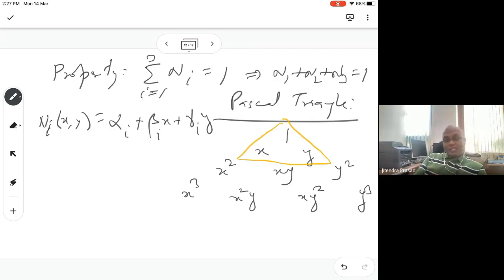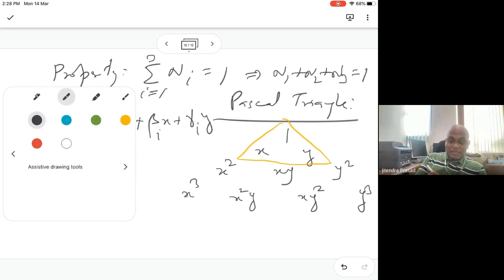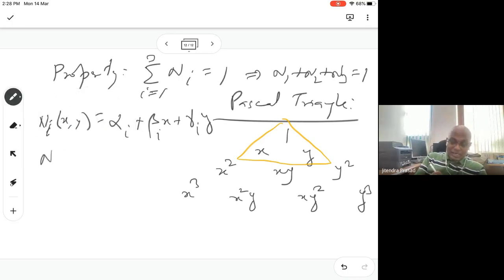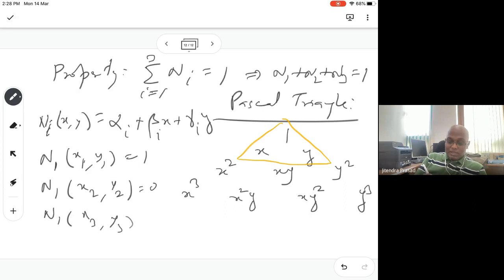We can choose like this one, and then we solve with these conditions: N1(x1,y1) is equal to 1, N1(x2,y2) equal to 0, and N1(x3,y3) equal to 0.